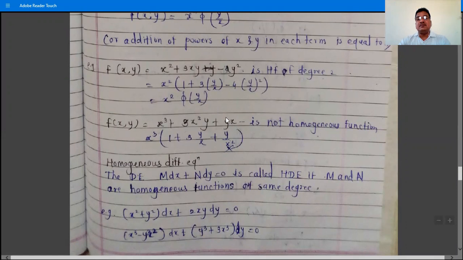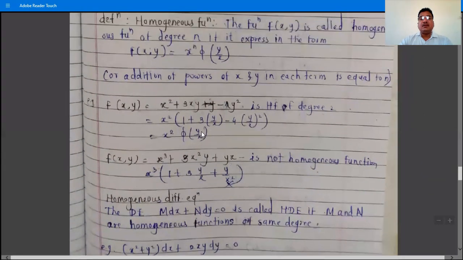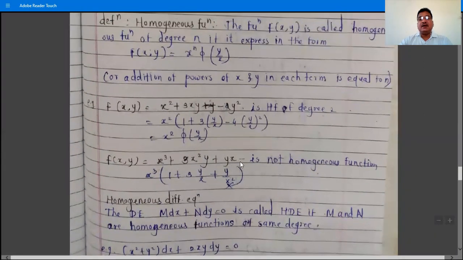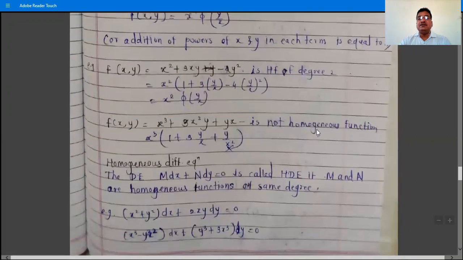But in the last term, the power of x is 1 and the power of y is 1, addition is 2. So the addition of powers of x and y in each term is not equal. In the first two terms it is 3 and in the third term it is 2. So it is not equal, and therefore it is not a homogeneous function.